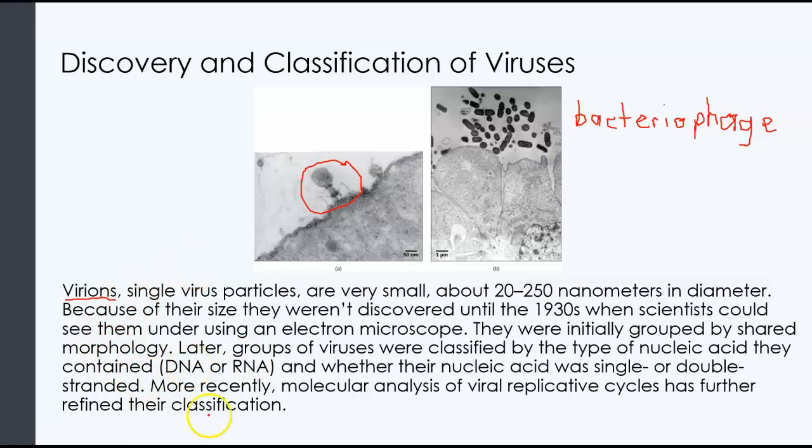It says a little bit about classification, and we are going to talk about classification in a minute. One thing that I do want you to know, though, is that viruses don't always have DNA as their nucleic acid, their genetic material that contains their genes.